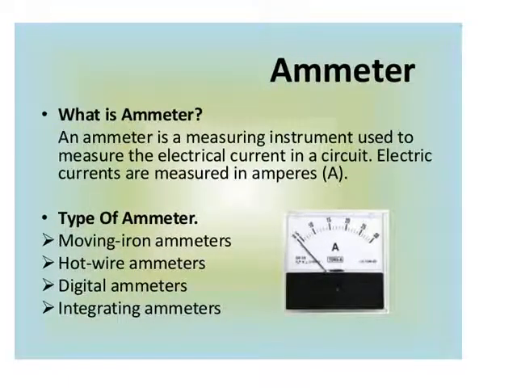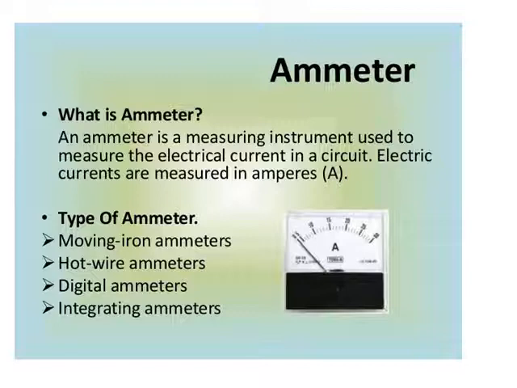Now, let us see the instruments with which current can be measured. The name of the instrument that measures current is known as ammeter. What is an ammeter? An ammeter is a measuring instrument used to measure the electrical current in a circuit.